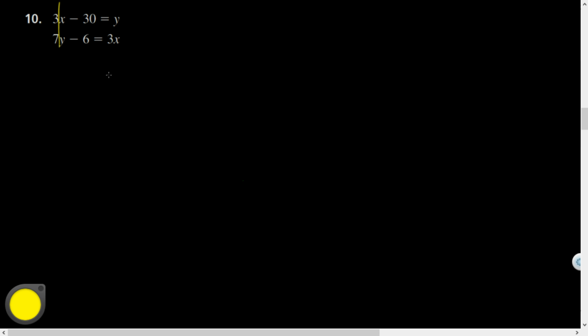So I'm going to work with this second equation and move that x to the other side. I'll subtract 3x, and that'll be nice because that'll be the opposite of this positive 3x. Let's do that and see what happens. So I'll have negative 3x plus 7y minus 6 equals 0.